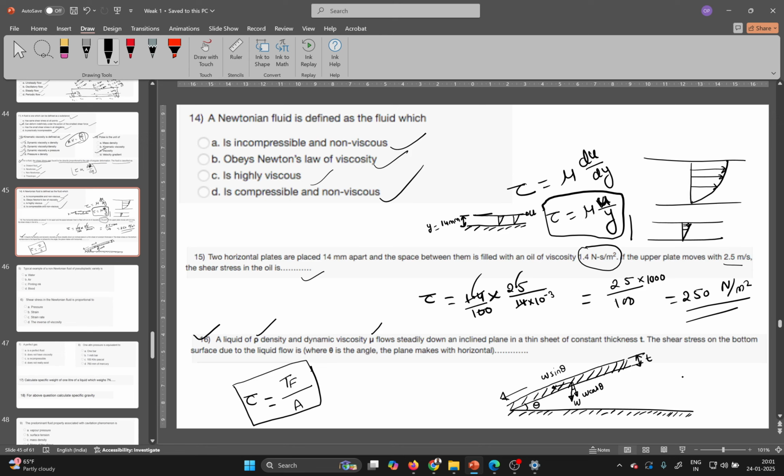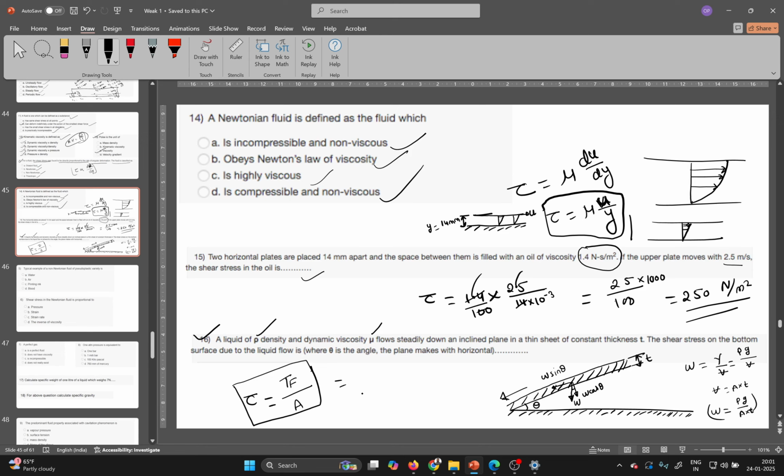So what is W? Weight, that is gamma times volume, you know. Gamma is rho into g. Volume is area into thickness. So you can write W is equal to rho g A T.